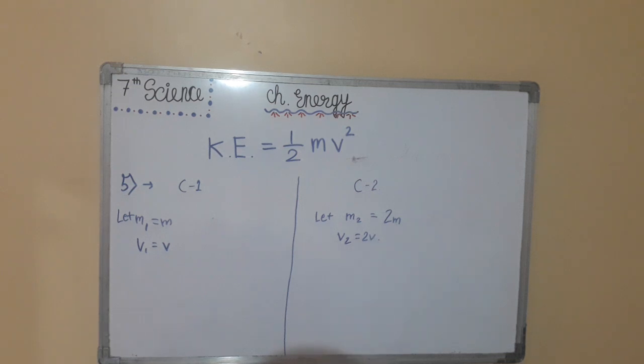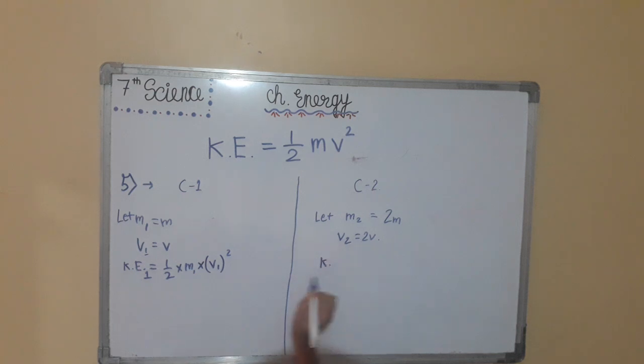So kinetic energy, in the first equation, kinetic energy 1 is equal to half into m1 into velocity 1 square, as the formula.